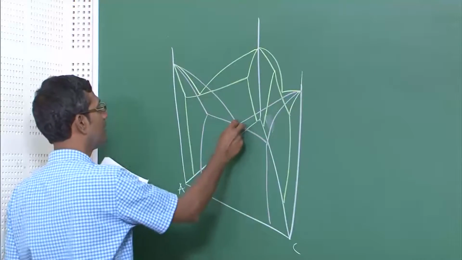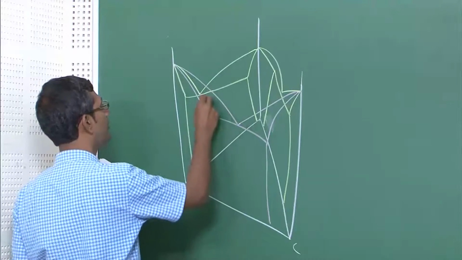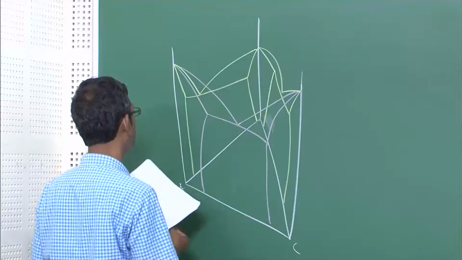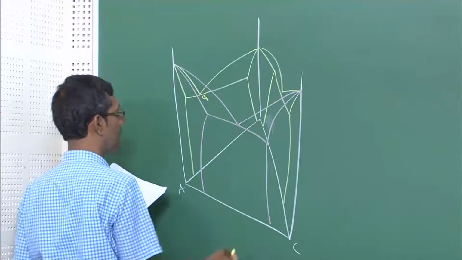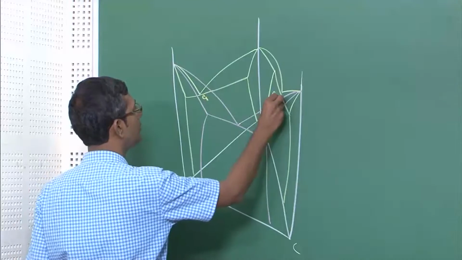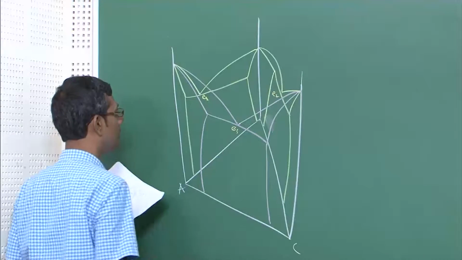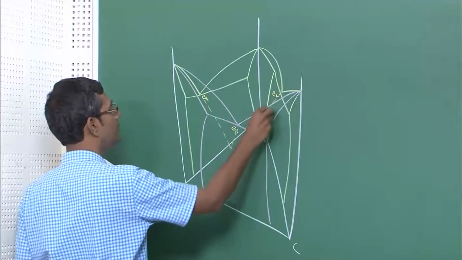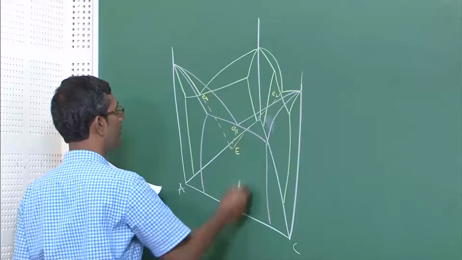Okay. So, these are the 3 Eutectic points. Let us say this is E1 between A and B, between B and C E2, and this is A and C E3, and if I connect these 3, I get into Ternary Eutectic point E, right.